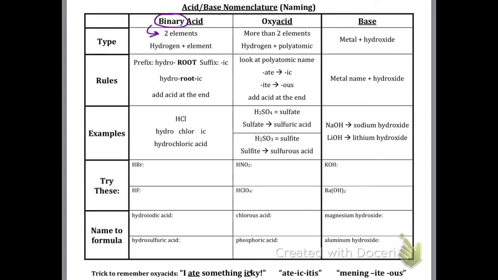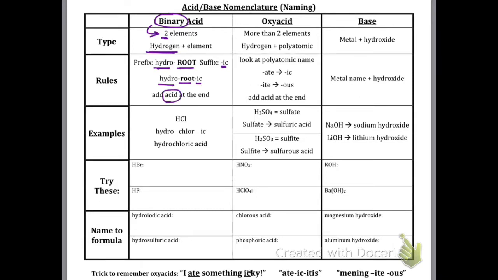That means you know it's an acid because it has a hydrogen in the front, okay? But there are only a total of 2 elements, okay? So these are the rules. The prefix, you're basically going to start the acid name with hydro. You're going to put the root of the element and you're going to end with ic. So it goes hydro, root of the element, end with ic. Then you're going to write acid at the end of the name.